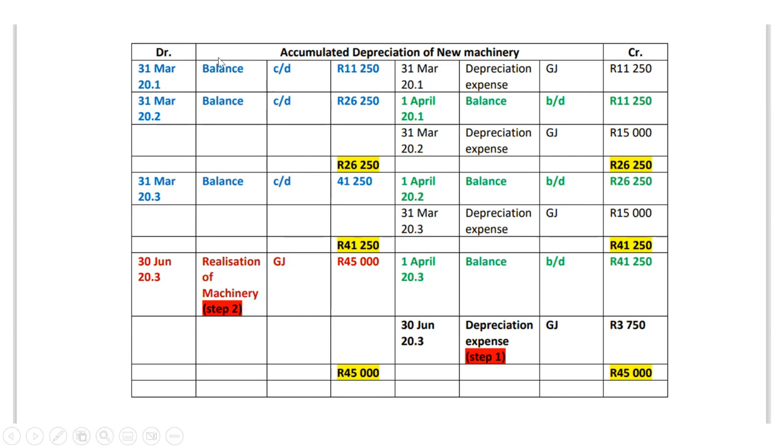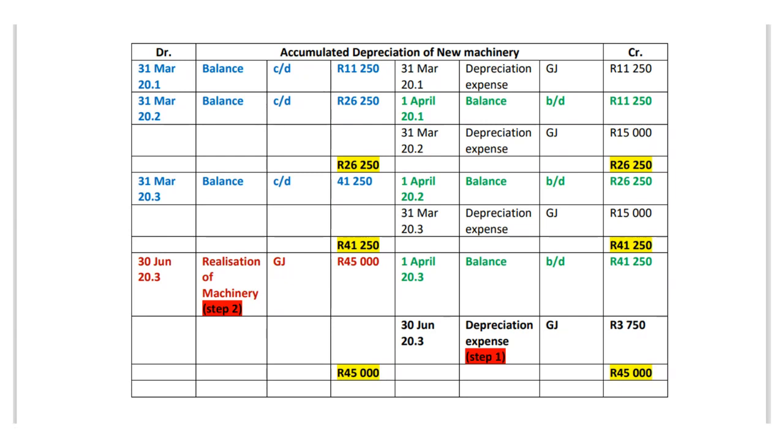And our balance carried down of the previous year becomes the opening balance of the current year. That's why here we are saying 1 April 20.1, which is year two. The balance that has been brought down is how much? It's 11,250. That is the opening balance on which side?